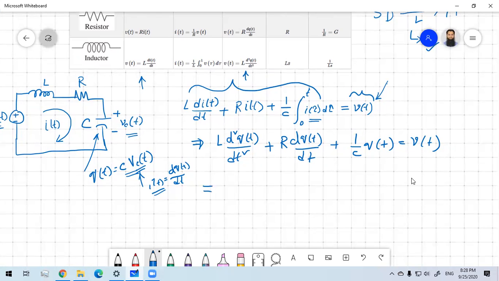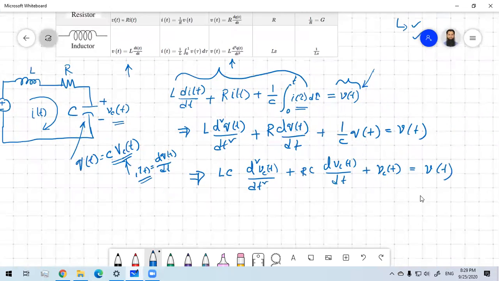So if you replace it, then what you're going to get is, C is a constant, so LC d²vc(t)/dt² plus RC dvc(t)/dt plus, if you replace, C will be cancelling each other, so vc(t) equals v(t).